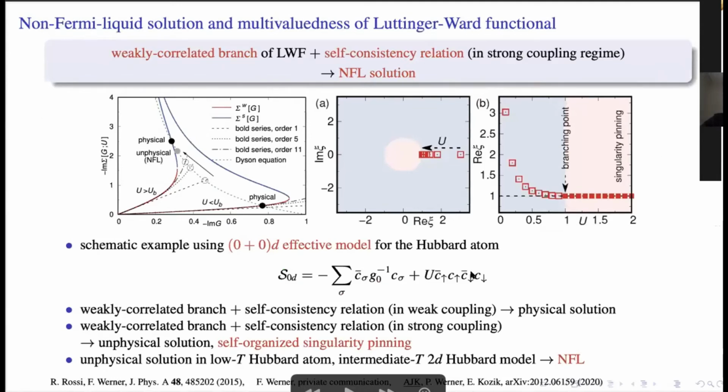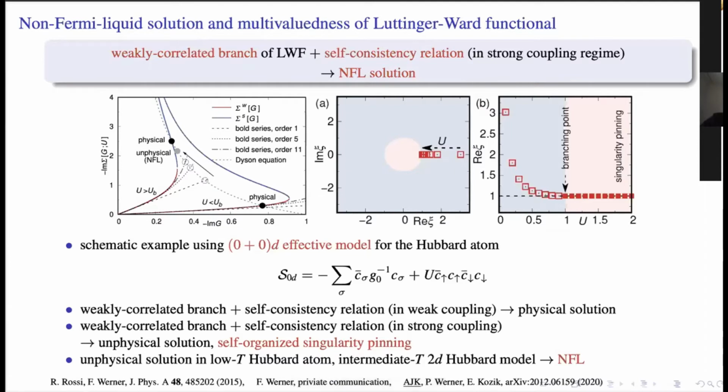In the case of multivaluedness of the Luttinger-Ward functional, the self-consistent solution can change its character depending on which branch we are choosing. So we investigate the zero-plus-zero dimensional effective model introduced by Riccardo Rossi and Felix Werner. There are two different branches: one weakly correlated branch, shown as a red line here, and one strongly correlated branch shown up here.